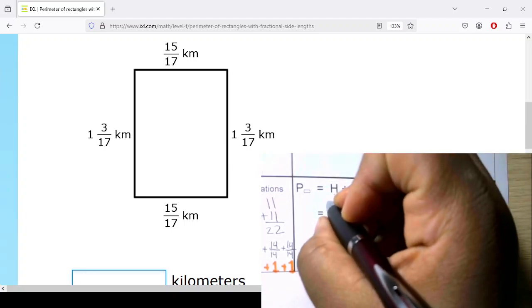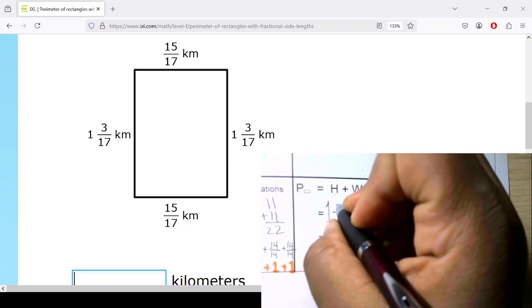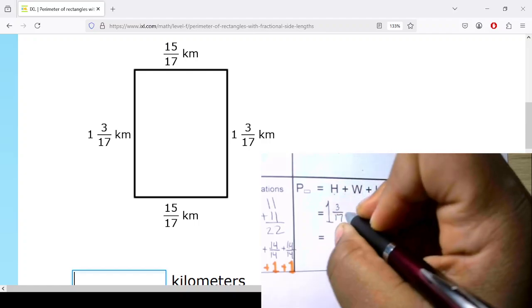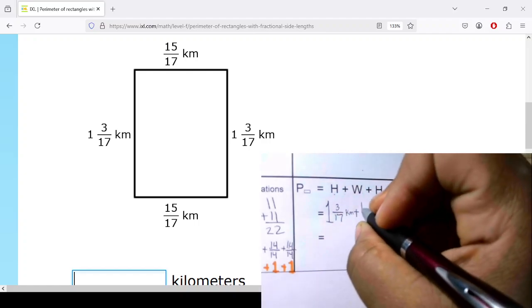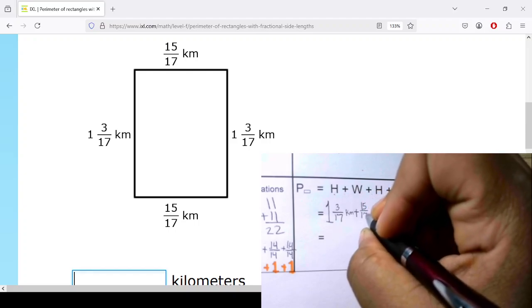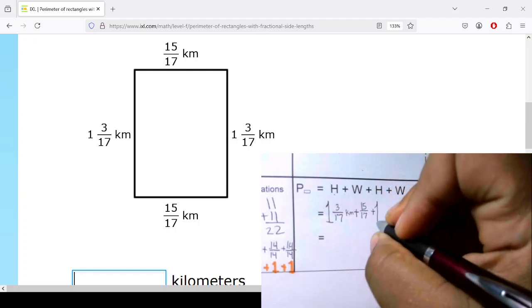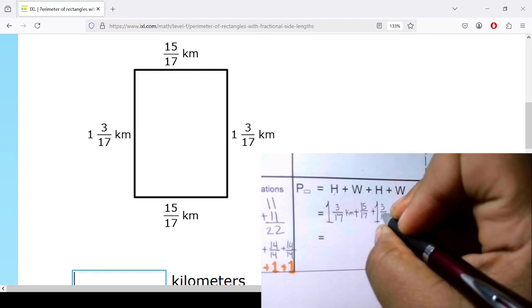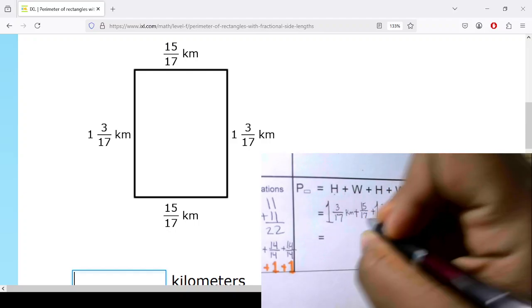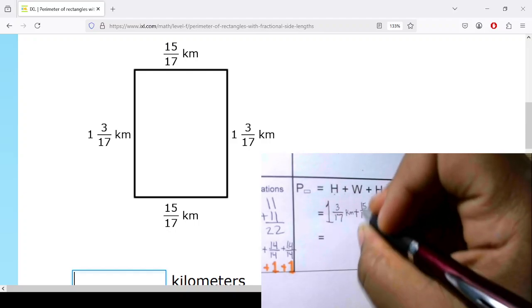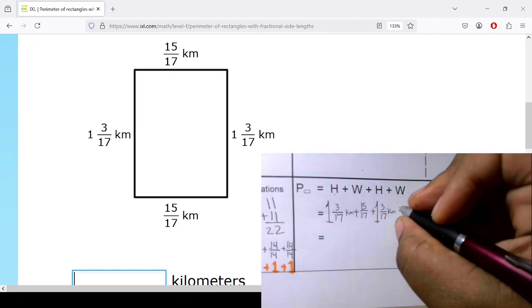That is 1 and 3/17 kilometers plus 15/17 of a kilometer plus 1 and 3/17 of a kilometer. I forgot to write my unit there.